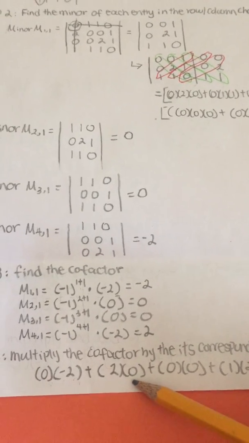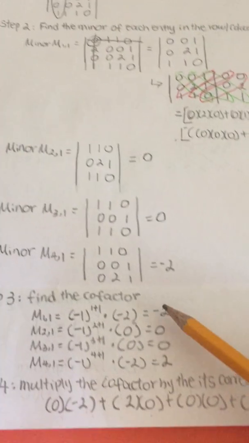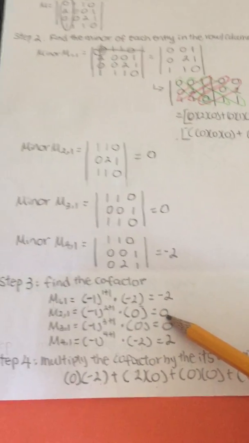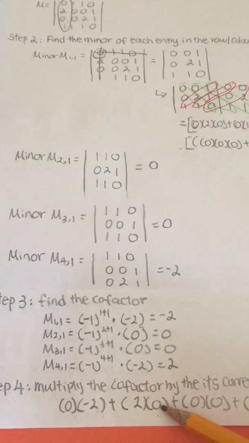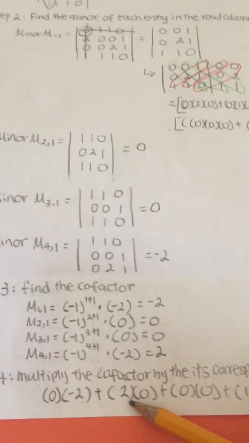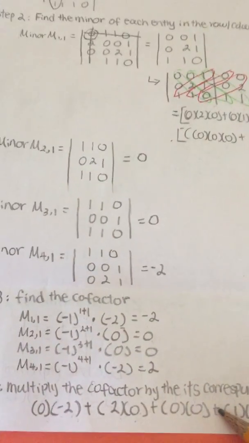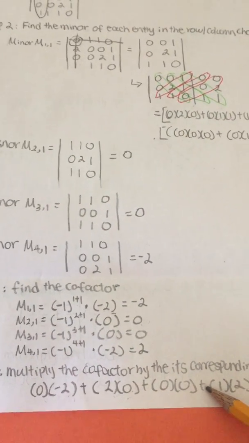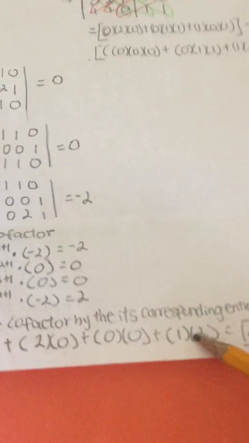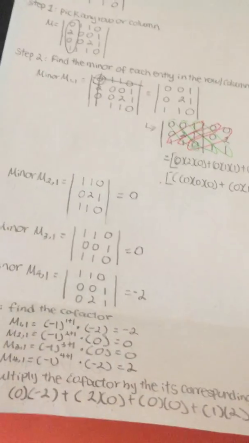And then for this one, we know that the cofactor for the 2, 1 position is 0, which I have over here. And then since the entry in the 2, 1 position is 2, I will multiply 2 and 0, and then I do the same thing for the entries in the 3, 1 and 4, 1 positions, and I add all of these together. I get that the determinant is 2.